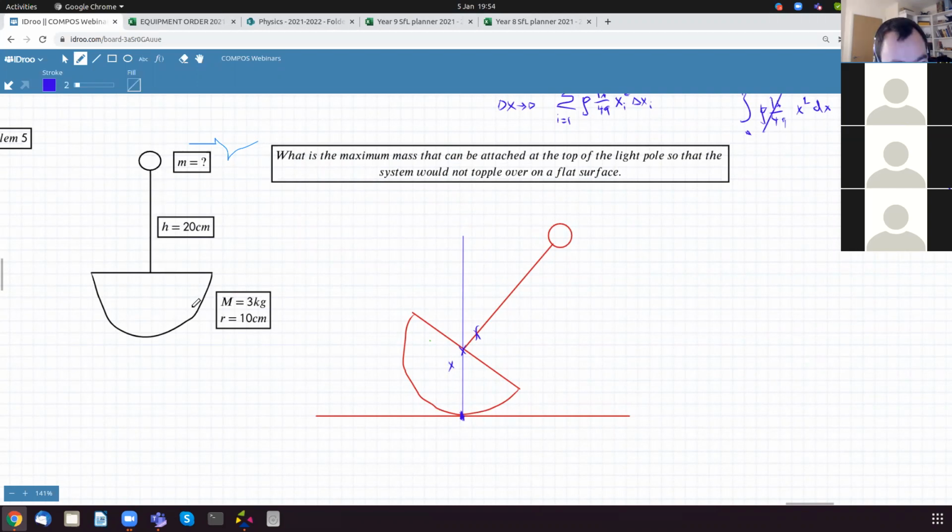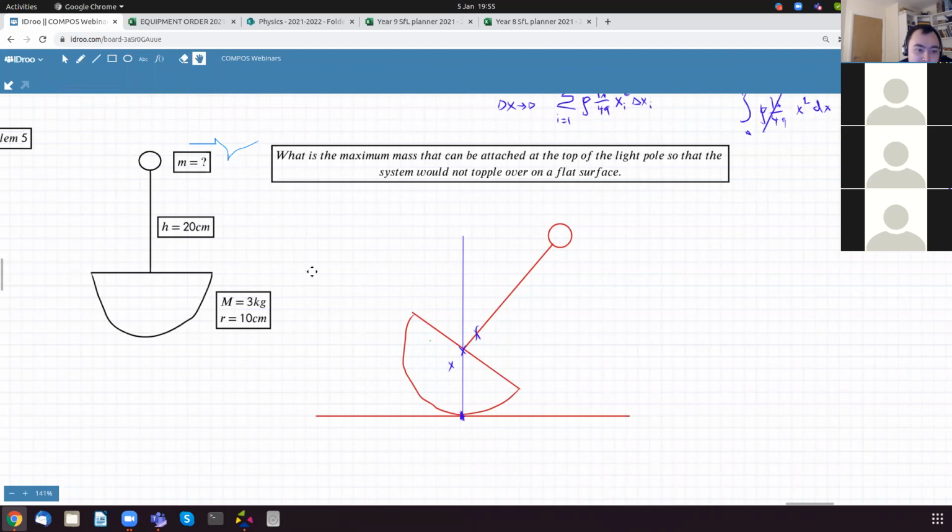It's not exactly a Russian doll. Russian dolls are made of wood. This one is made of plastic, and it has a piece of metal inside. So if the center of mass is to the left, it will not topple over. You put it on the side and it goes back up. However, if the center of mass is here, it will topple over. And that's what we need to figure out.